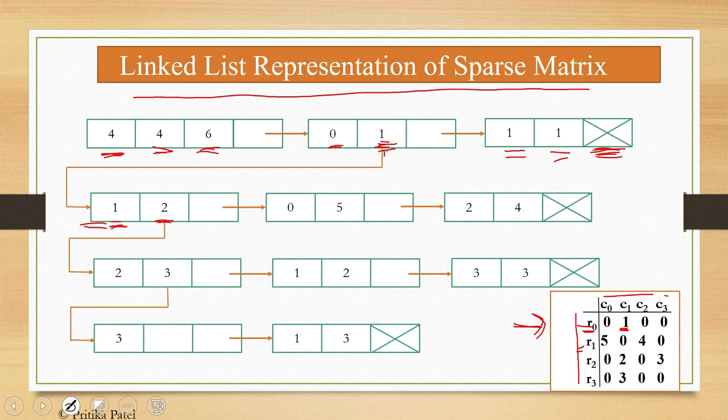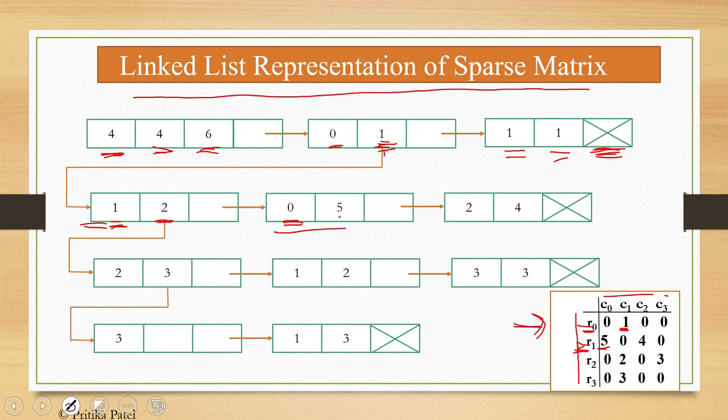Now see, in this matrix, row number 1 has column 0 with element 5. So the column node has column number 0 with element 5, and 5 is written over here.